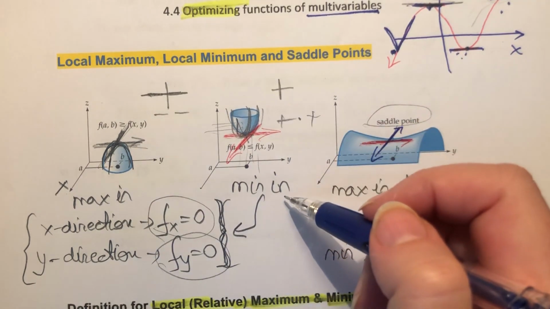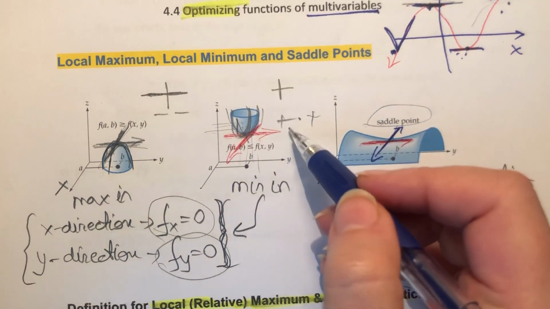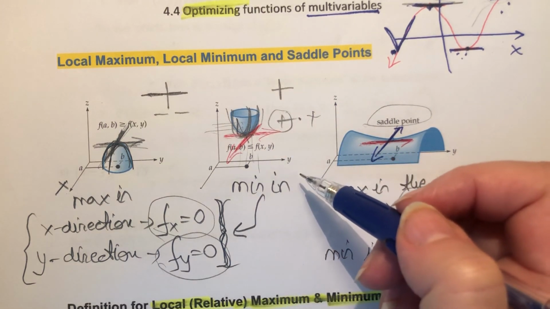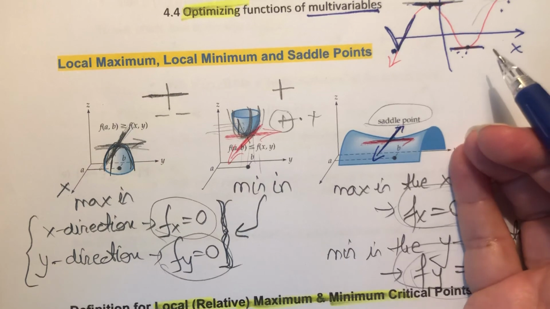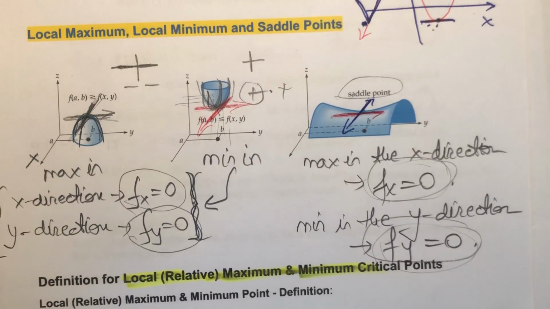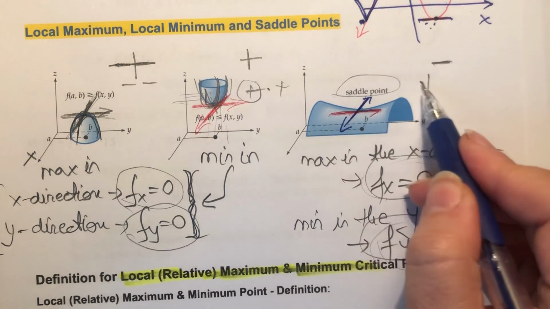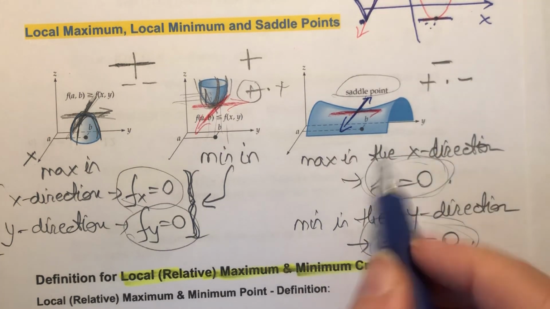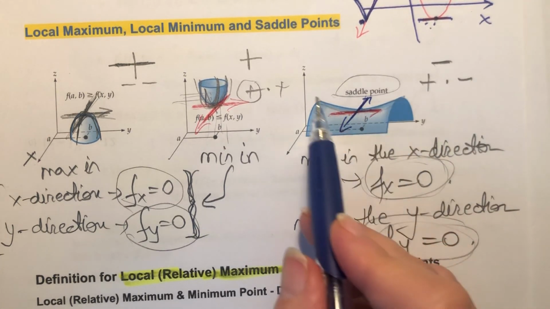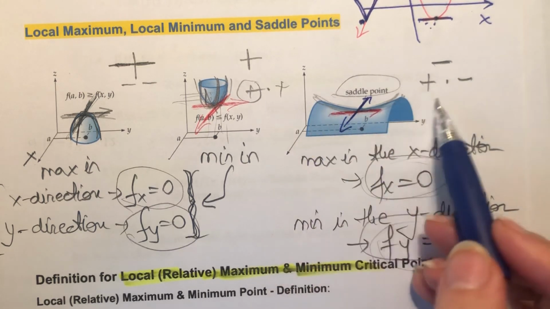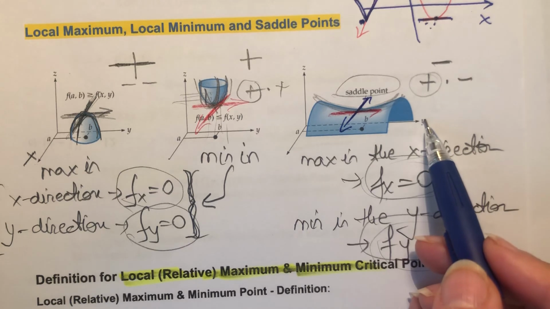You don't need to look at both fxx and fyy. If one of them is positive, then you got yourself a min. So that's why it's just enough to look at fxx. But if that D value came up negative, why? Because you multiplied a positive by a negative. In the y direction, you had a smiley face, so fyy was positive.